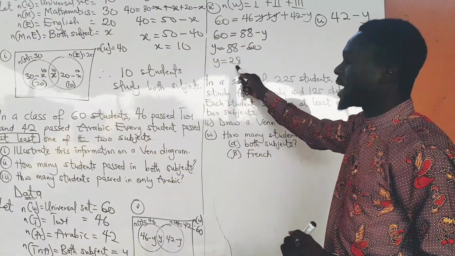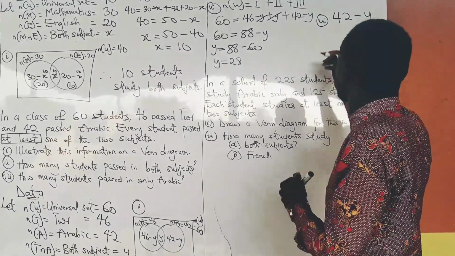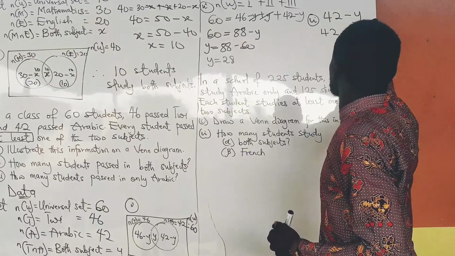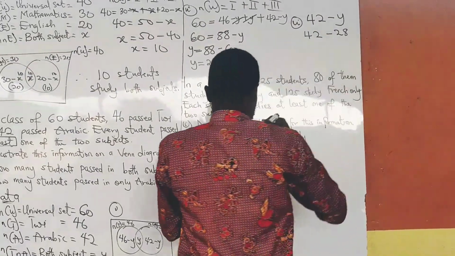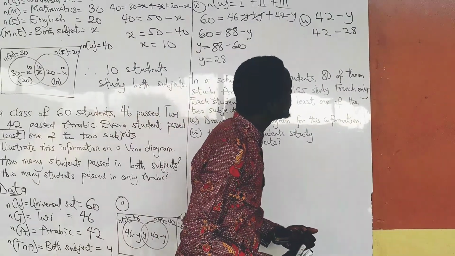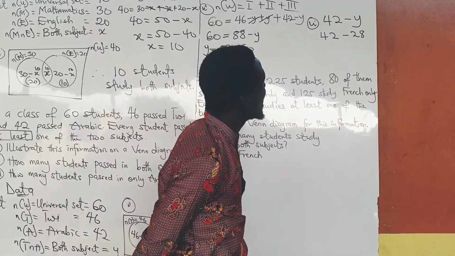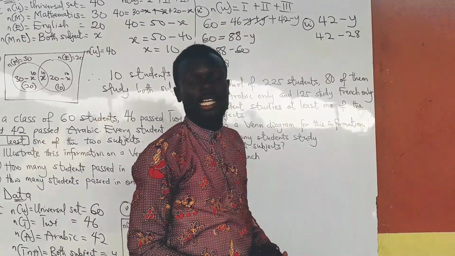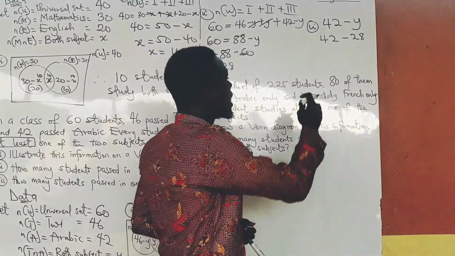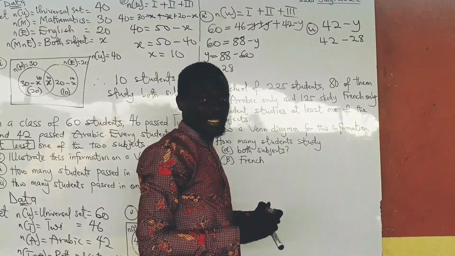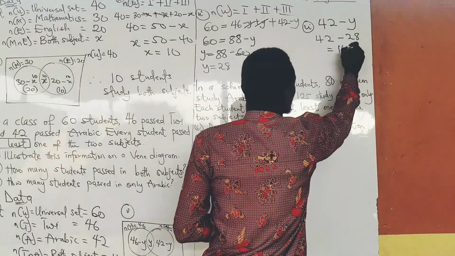And what did we get for Y? We had 28. So we are going to say 42 minus 28. So if you have 42 and you take away 28, that is going to give you 14. 42 minus 28 will give you 14.